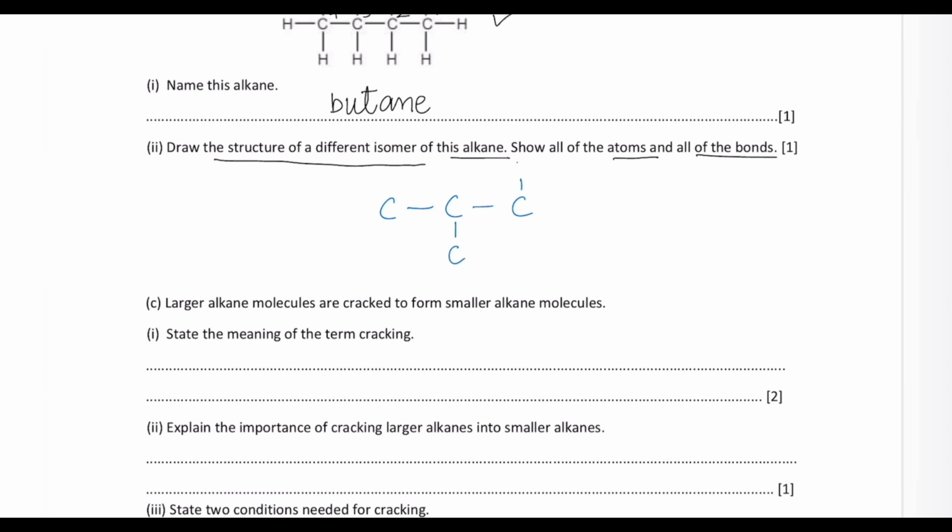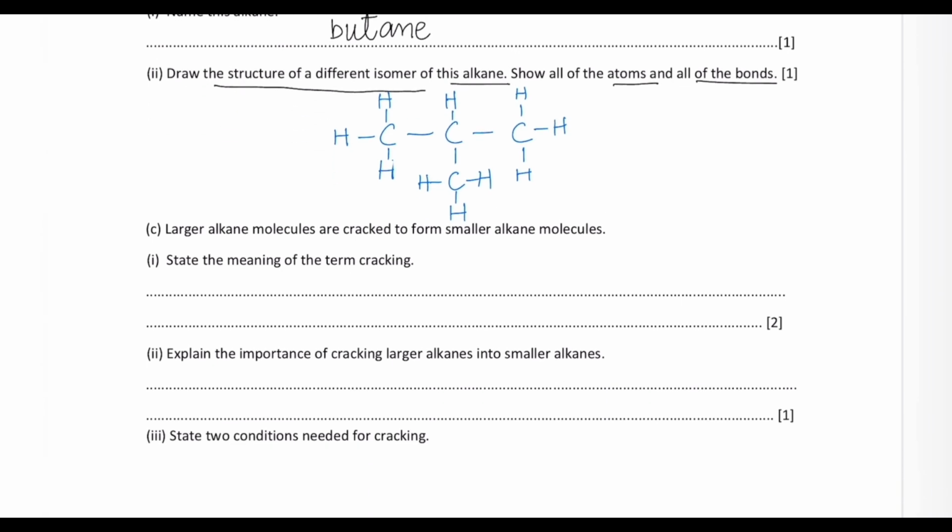Now we will draw the remaining bonds of carbon atoms with the hydrogens. There are 4 carbon atoms and each carbon atom makes 4 bonds. So be very careful while drawing the bonds with the hydrogen atoms. So this is the structure of another isomer with 4 carbon atoms and it is a branched chain isomer.